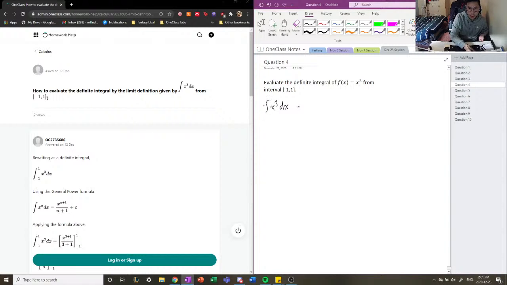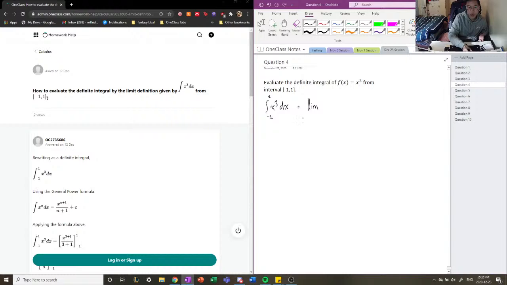But this integral notation is actually a notation for this entire equation, which is a sum rule or a sum function.